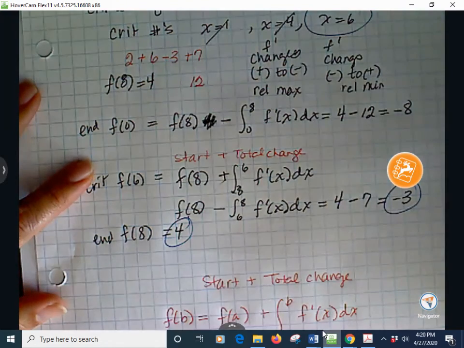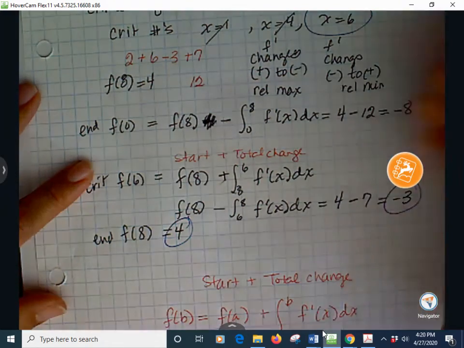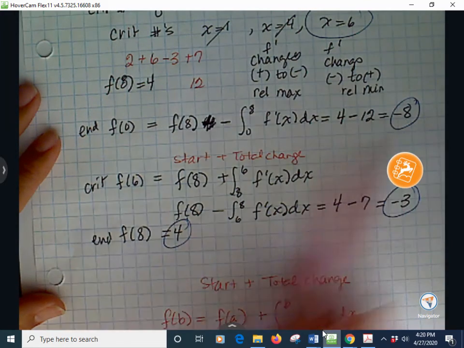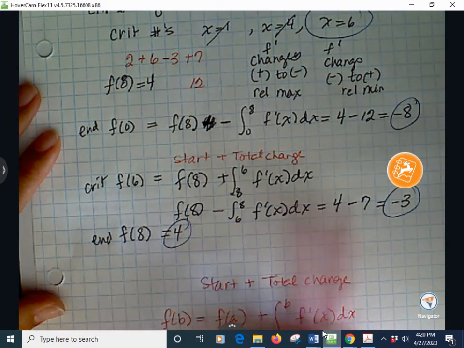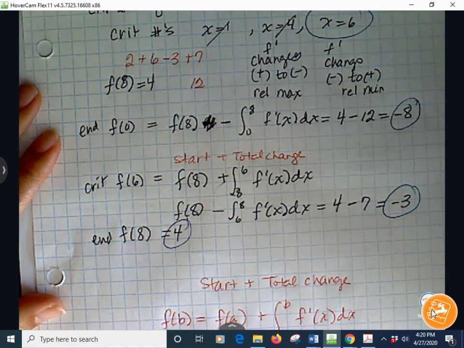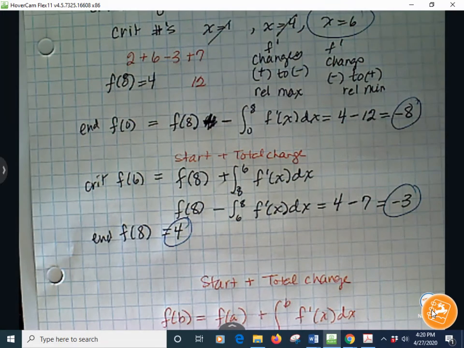And so now we have 3 values to compare. We have f of 0, which is -8. We've got f of 6, which is -3. And we've got f of 8, which is 4. And the question again was asking for the absolute minimum value.